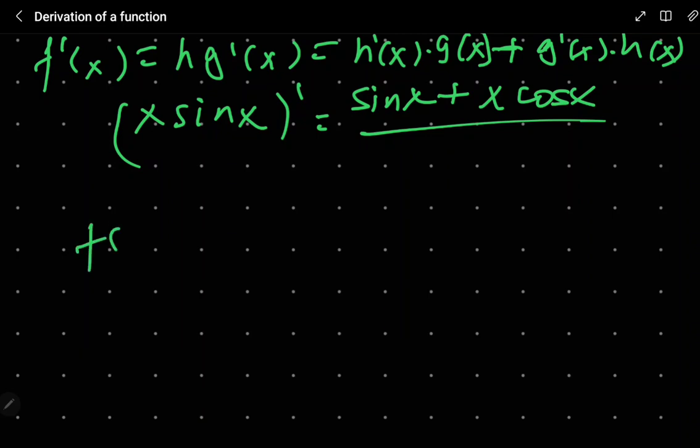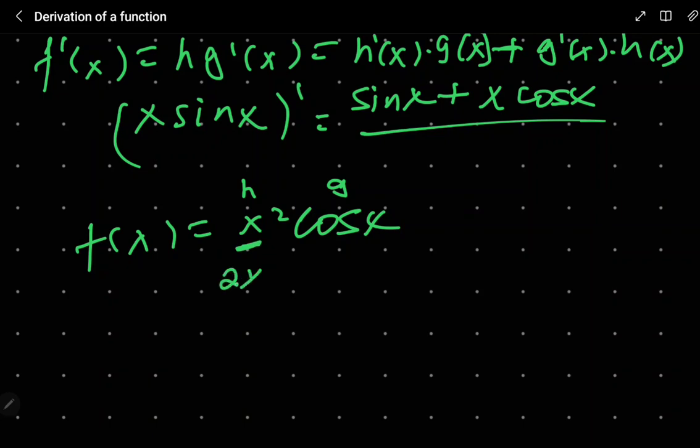Let f of x now be x squared times cos x. We assume this one is h of x, and this one is g of x. The derivative of x squared is how much? 2x. And the derivative of this one is minus sine x.